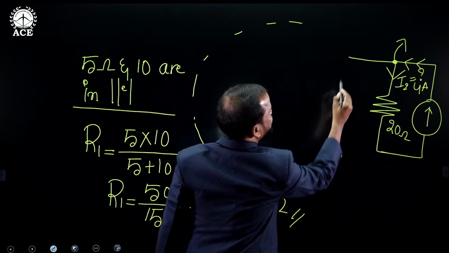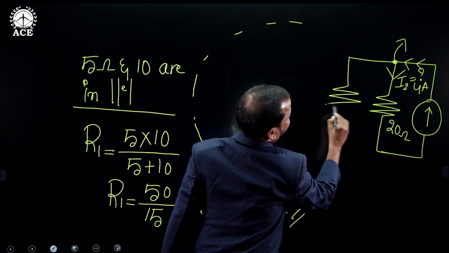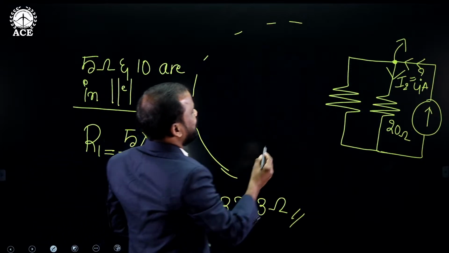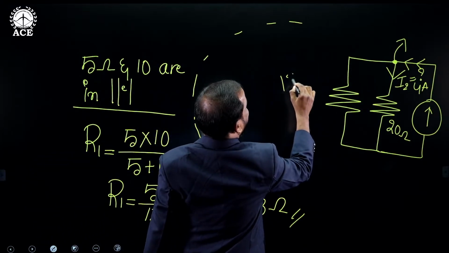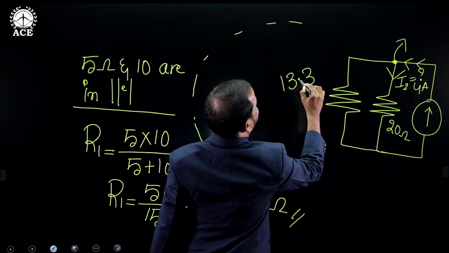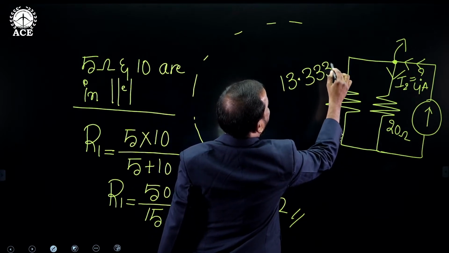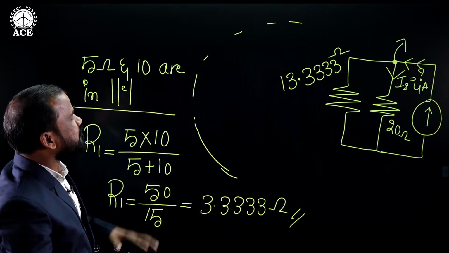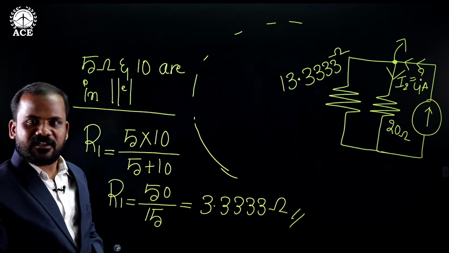So this is the actual value. Now we can directly replace the final value: 13.3333 ohms is the equivalent resistance of the combination of 3 resistors.